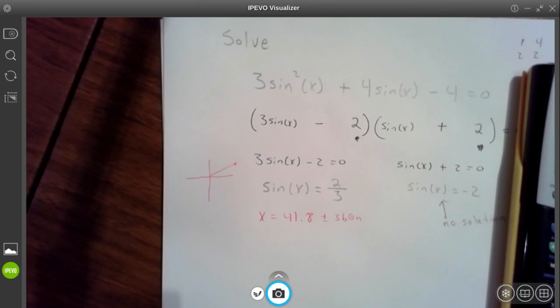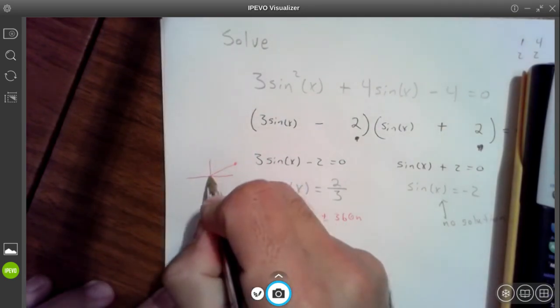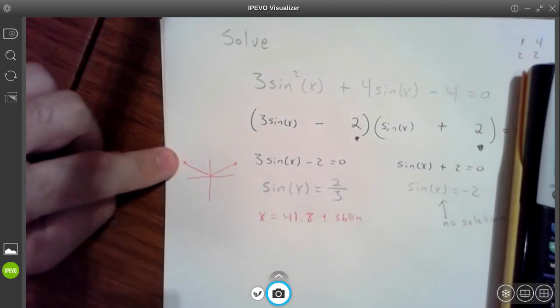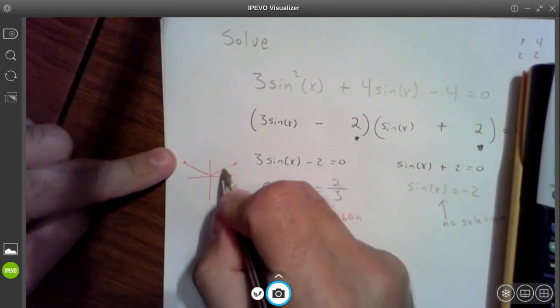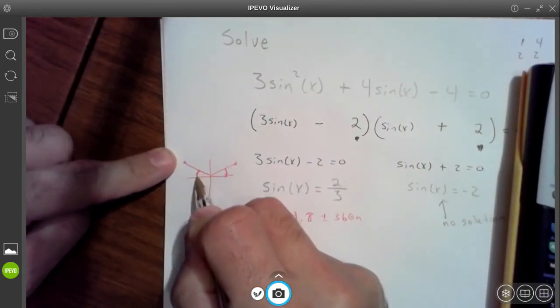We also want the other place where sine is equal to 2/3. And that's going to happen in the second quadrant at whatever angle this is. To figure this out, if this is 41 degrees, we want this to be 41 as well.